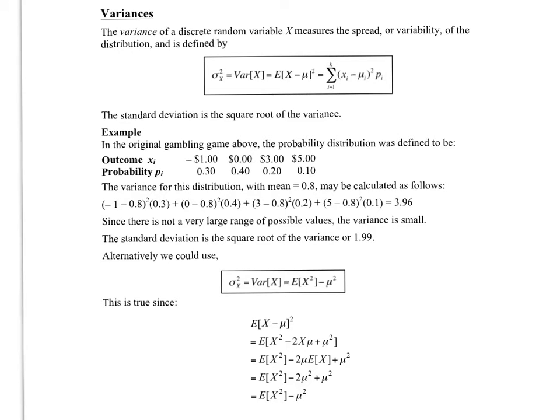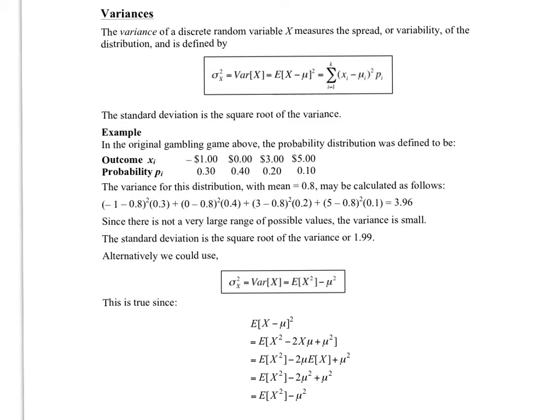And below here is a calculation where I've taken the mean that we know of, 0.8, and subtracted, calculating the deviation, squaring it, and then weighing it by its appropriate probability. And doing that in each case, summing it, and there's the variance. From this, we could take the square root and calculate the standard deviation.